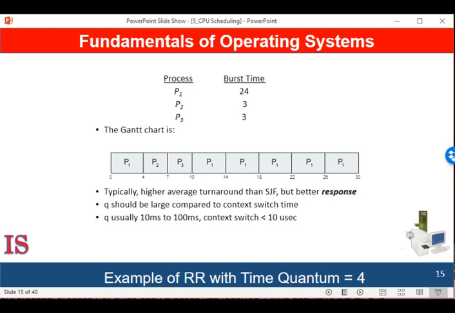In the round-robin scheduling algorithm, no process is allocated the CPU for more than one time quantum in a row, unless it is the only runnable process. If a process's CPU burst exceeds one time quantum, that process is preempted and is put back in the ready queue.